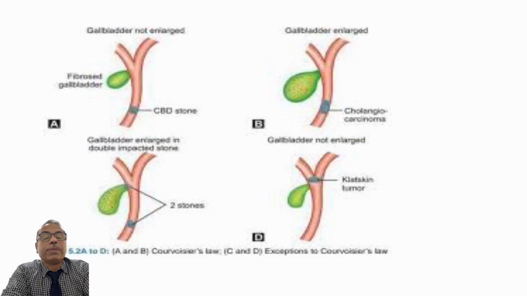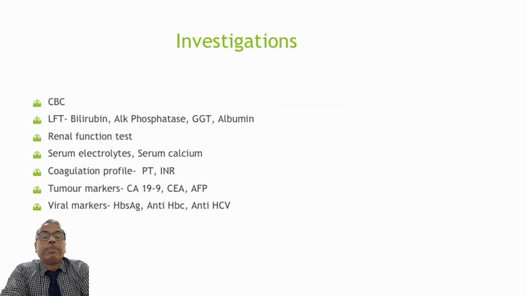And the second one is sometimes a gallbladder may be palpable even in a benign cause, like when there is double impaction of the common bile duct with two stones, one in the common bile duct near the terminal end and one in the cystic duct. So these are a few exceptions to Courvoisier's law, which otherwise most of the time would help you in formulating a differential diagnosis.